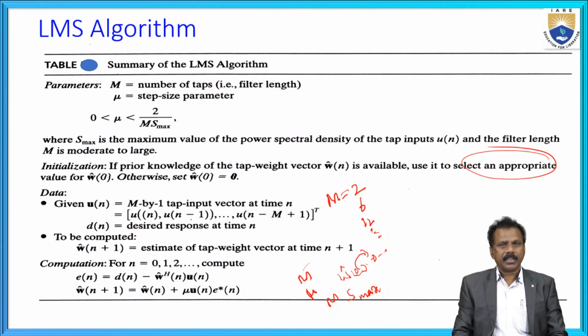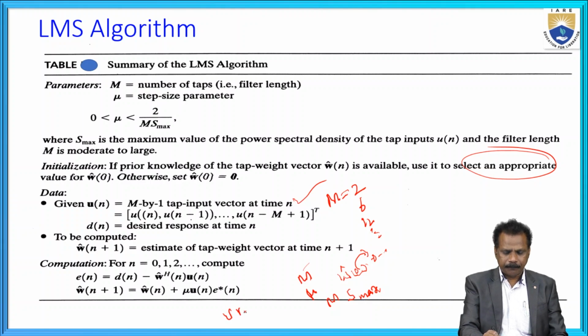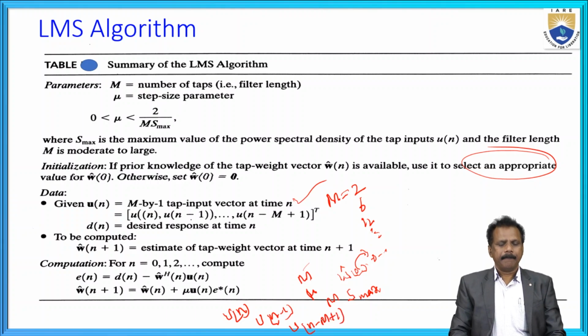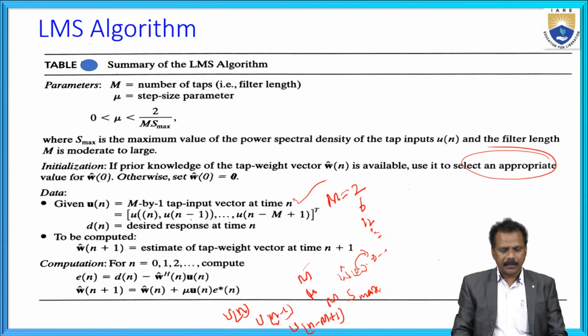The data given: u of n is the m by 1 tap input vector at time n, where u of n is u of n, u of n minus 1, up to u of n minus m plus 1, whole power capital T.